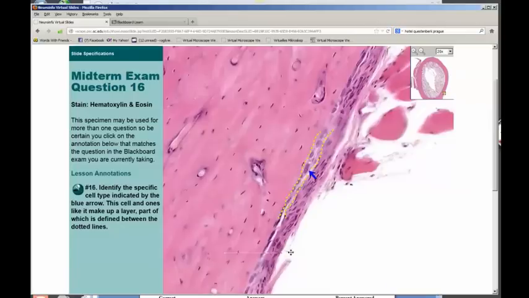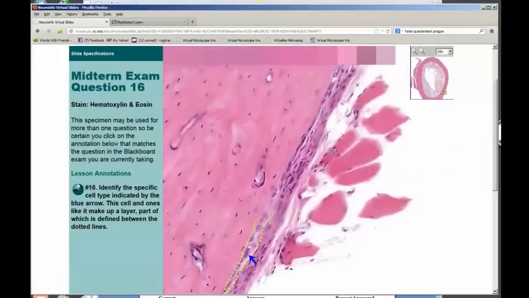And right on the outside, the more eosinophilic layer is a layer of fibroblasts and collagen, and that is the fibrous portion of the periosteum. But if you're not sure, then always look around. Over here, this is a skeletal muscle cell. You see the nuclei on the outside? Move around here. There's a slight longitudinal section of striated muscle, which is actually attaching here to the fibrous periosteum. That's really the way muscle cells attach.